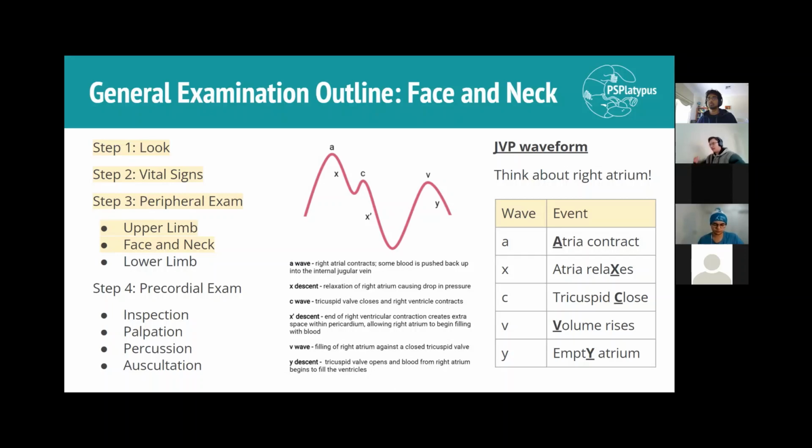You get a larger X descent happening a bit after that for similar reasons. You get the V wave, which is when, again, the ventricles are contracting. Once that's done, the right atrium will start to fill again, which is why you get an increase in pressure once more. And then finally, with the Y wave, you get further emptying of the atrium as it contracts, and then you end up back where the A wave is, the atria contracting.